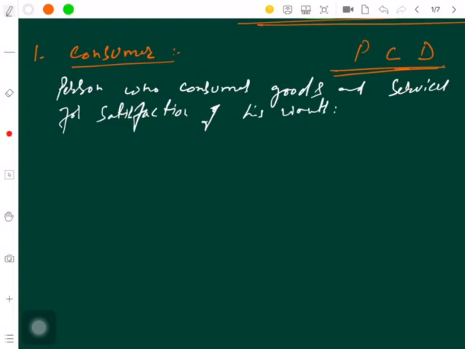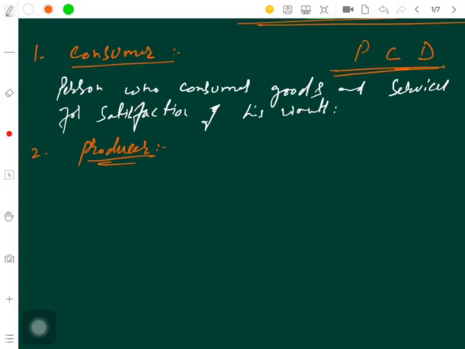These goods and services which are being consumed by us to fulfill our wants are provided by the second person, known as the producer. So who is a producer?